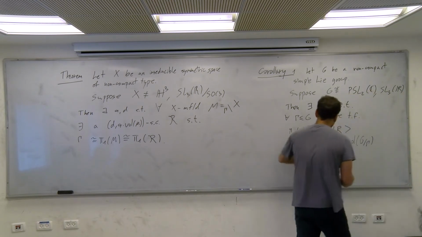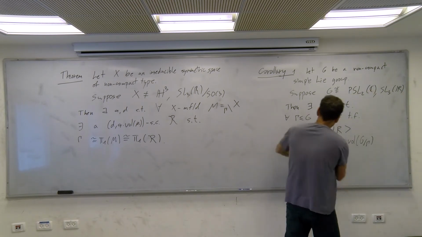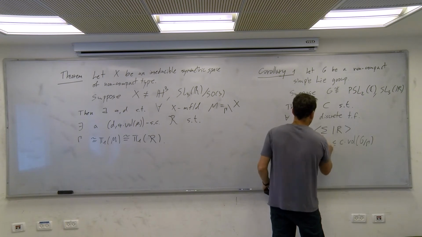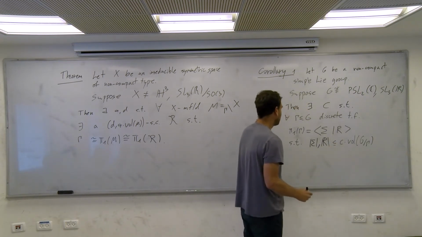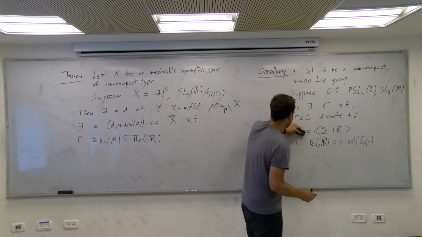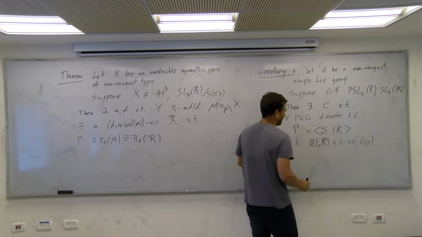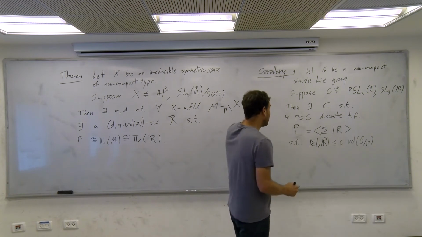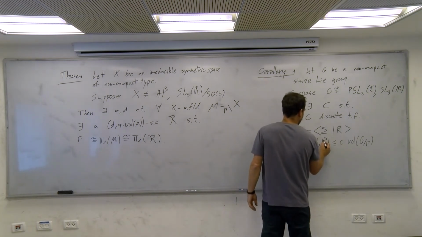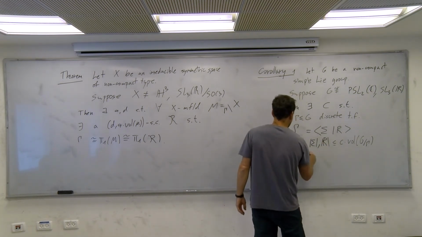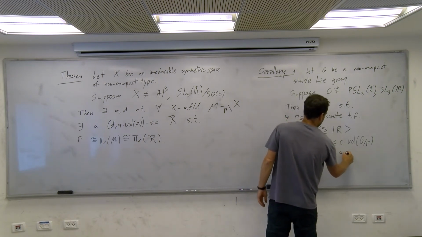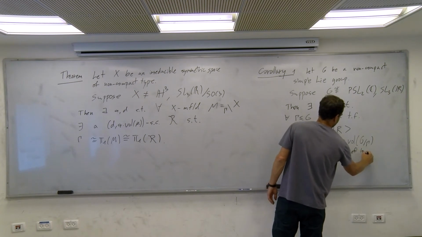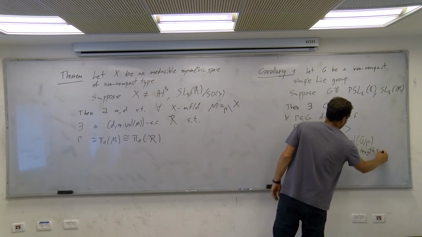So I can write it like this: gamma admits such a presentation, and all W in R are of length at most C times the volume.